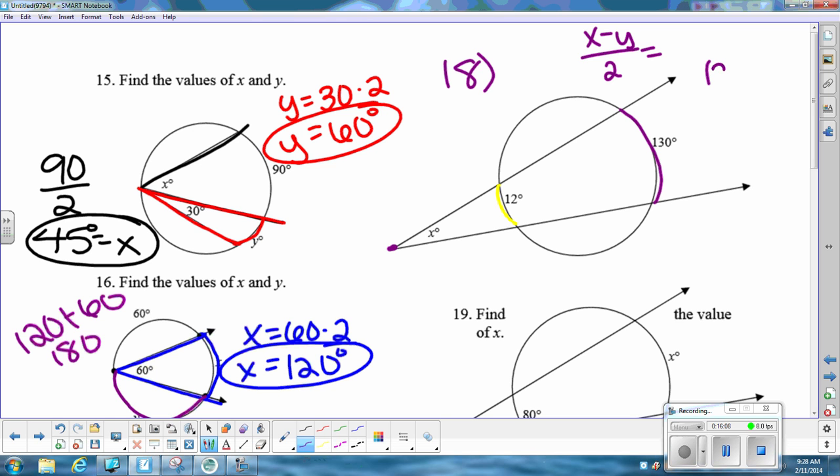I have to do the big arc minus the little arc divided by 2. So I get 118 divided by 2, which is 59 degrees. So x is 59 degrees.